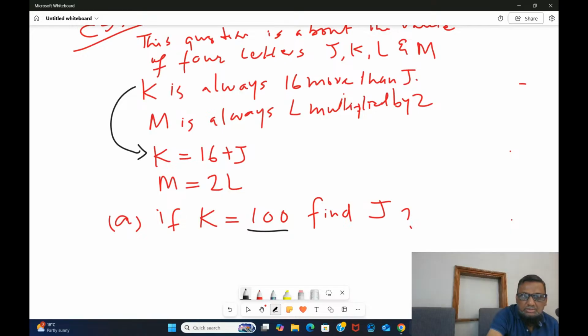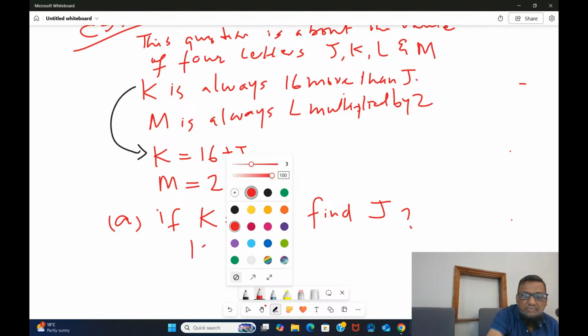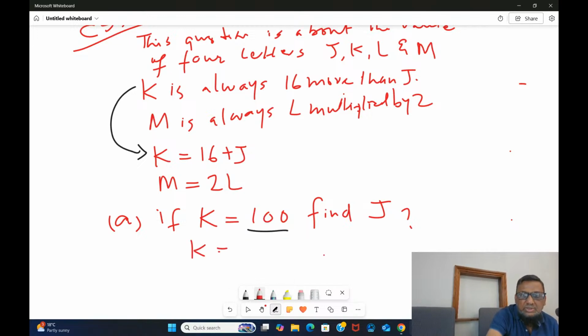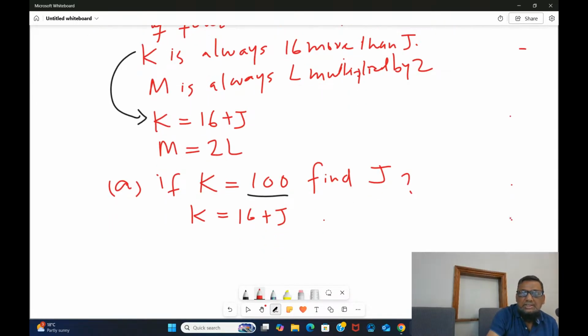So we can substitute. K equal to 16 plus J. So what is J? I can substitute the value of K, which is 100. And 16 is given. You learned about the equation: left hand side equals right hand side. So what is the value of J?